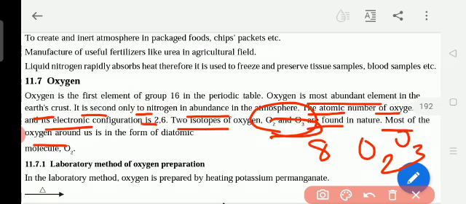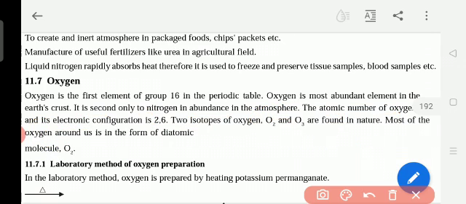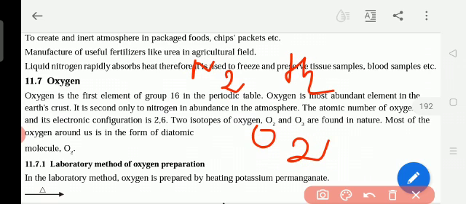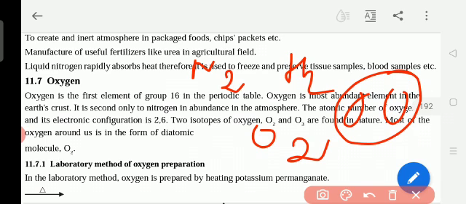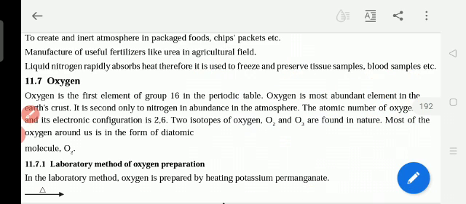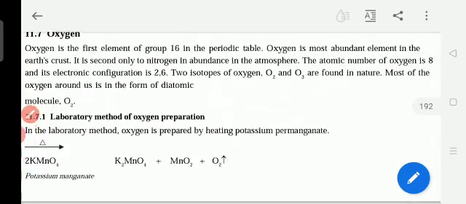Most of the oxygen around us is in the form of a diatomic molecule. Hydrogen is also diatomic, nitrogen also diatomic, oxygen also diatomic. It is not single, two oxygen atoms together form a molecule. Di means two.